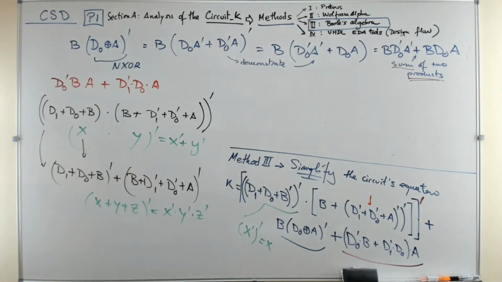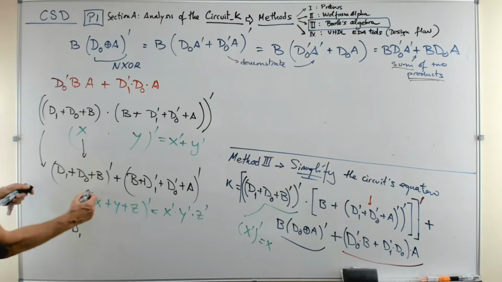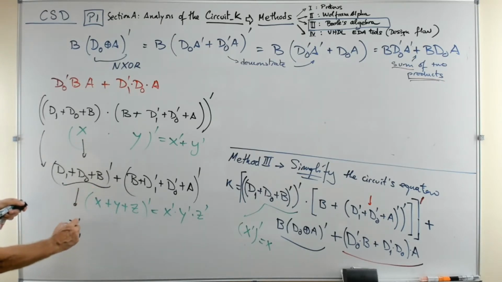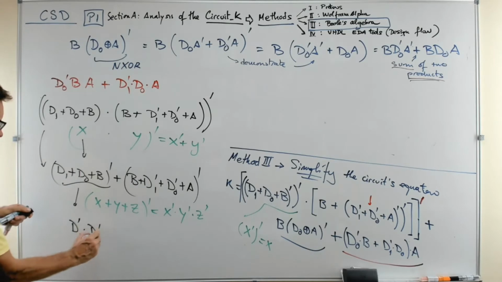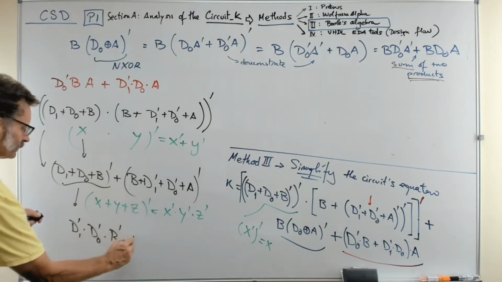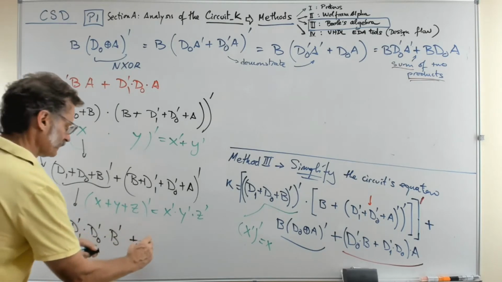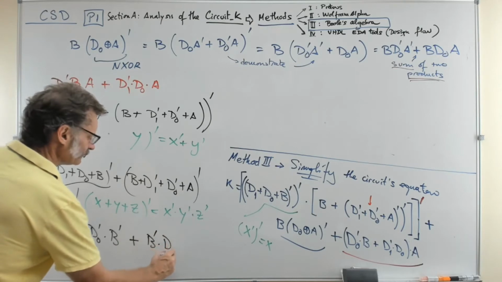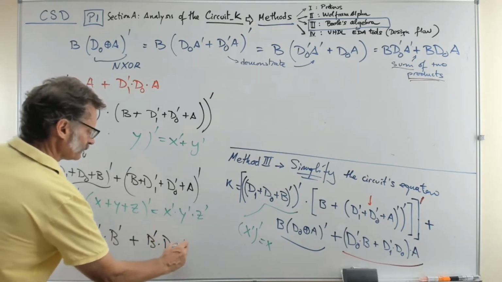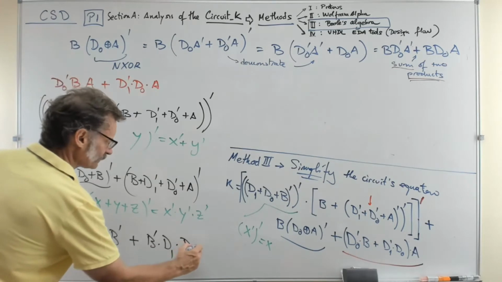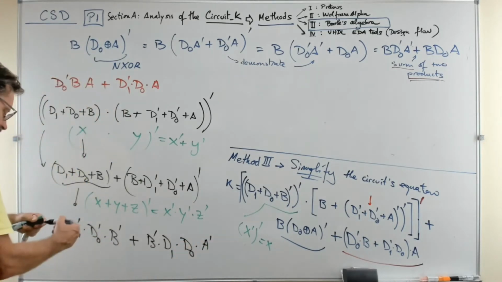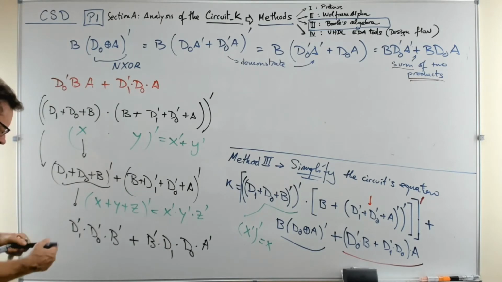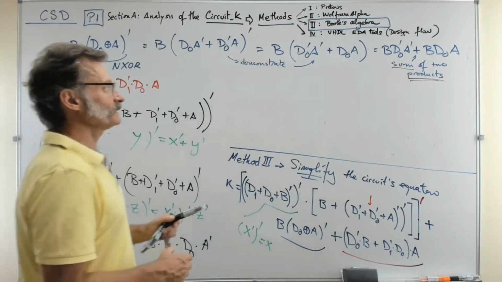So in the end this expression becomes something like d1 not and d0 not and b not, or, because you keep the or, b not and d1 not, d0 not, and a not finally. So you have finally two more simple terms, which happen to be products.